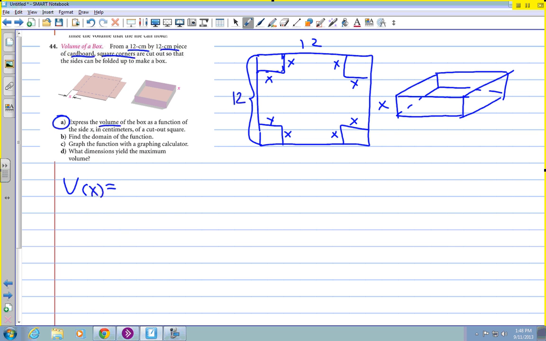Now, what about the length of one side? 12 minus 2x, right? So it's 12 minus 2x, and then it is 12 minus 2x. The height is x. So then the volume would be x times 12 minus 2x.